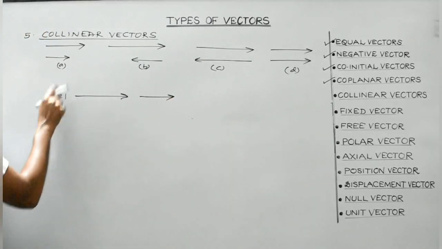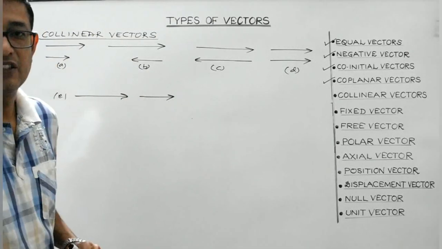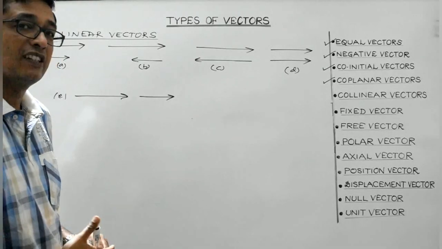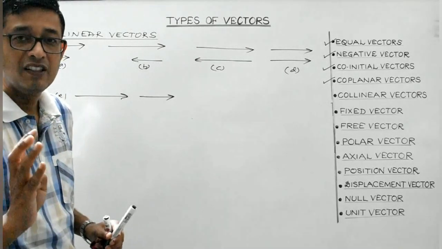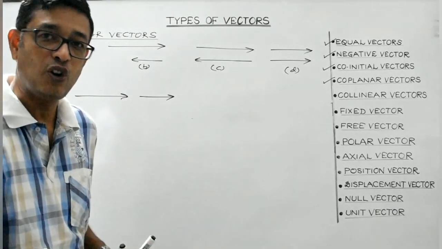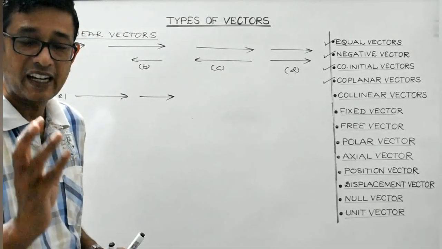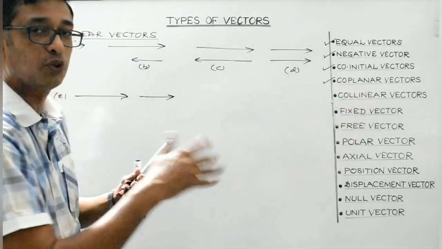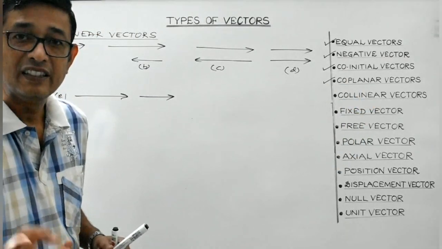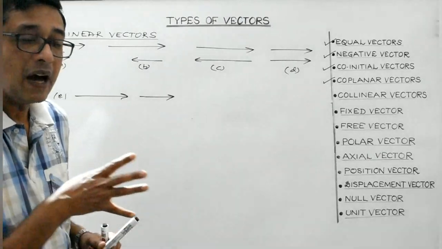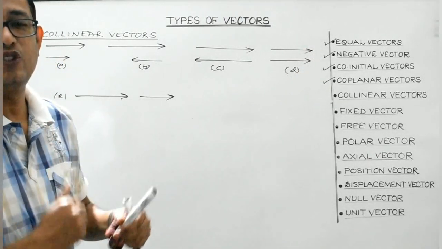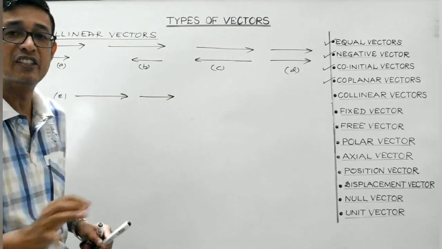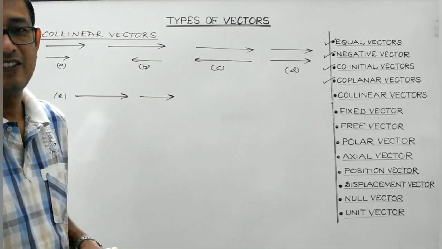So these are all sets of collinear vectors. From the diagram it's pretty clear: first, they can be of same or different magnitude. Second, they can act along the same straight line, either in the same direction or in the opposite direction. Third, they can also act parallel or anti-parallel to each other. So all these diagrams represent sets of collinear vectors.